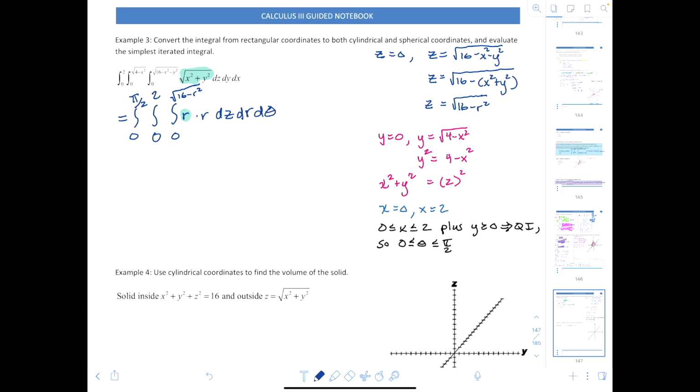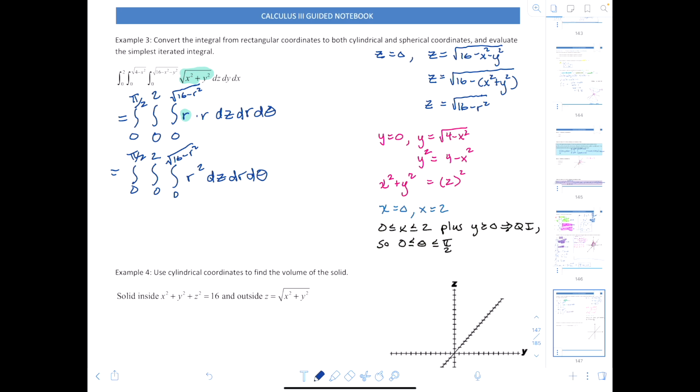And then we have another r from the formula for converting from rectangular to cylindrical. So at the end of the day, we get the integral from 0 to pi over 2, the integral from 0 to 2, and the integral from 0 to the square root of 16 minus r squared of r squared dz dr d theta.